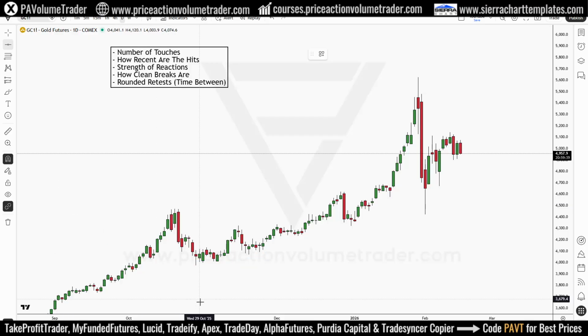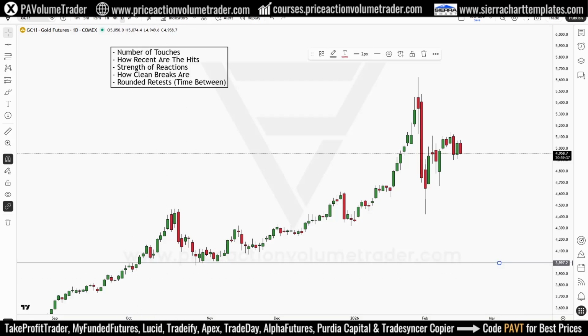And if I look at this level, right around there, and let me make it into my daily template, you can see very nice confluence where we had resistance, clean breakout right here on the daily, and then a long amount of time passed. We came back to this level, tested it perfectly twice, and then we had a very big reaction of that area. So this would be the first daily level that I am looking at.